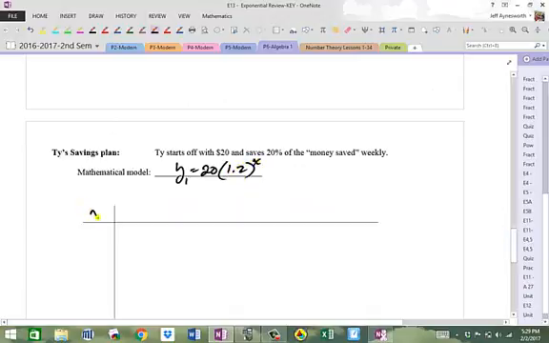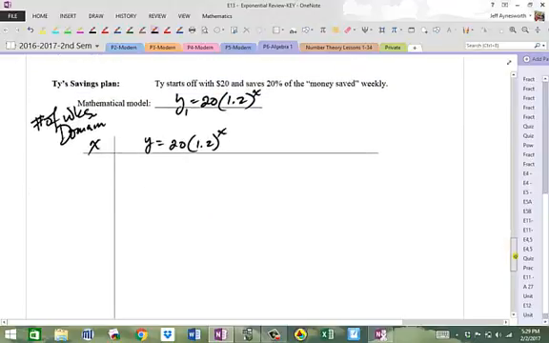In a real case, x can't be negative because x is the number of weeks. We could enter it in and take a look, but we're only going to consider x being greater than or equal to 0. So my function looks like 20 times 1.2 to the x power.